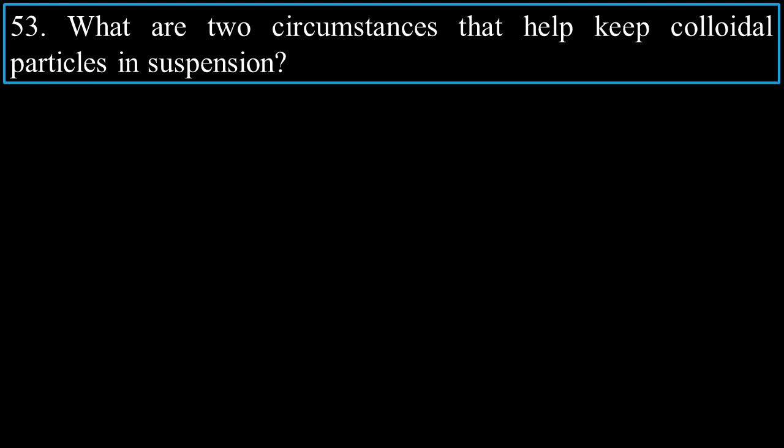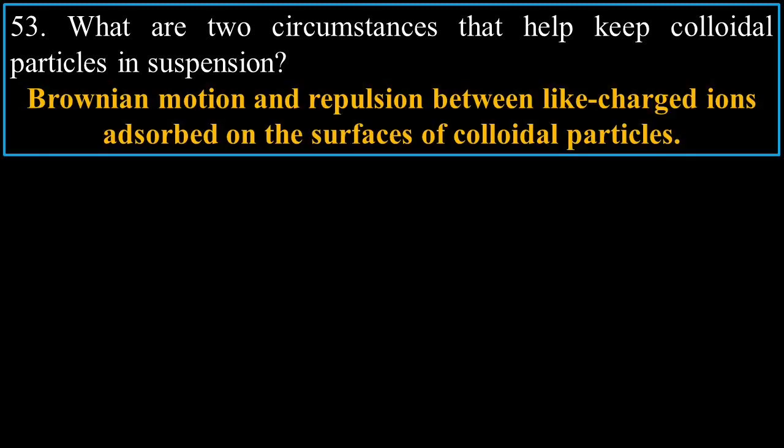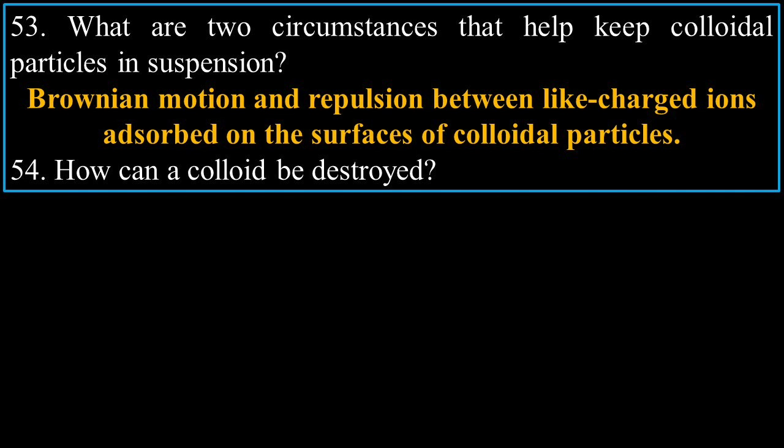What are 2 circumstances that help keep colloidal particles in suspension? Brownian motion and repulsion between like charges, charged ions adsorbed on the surface of the colloidal particles. How can a colloid be destroyed? By clumping.